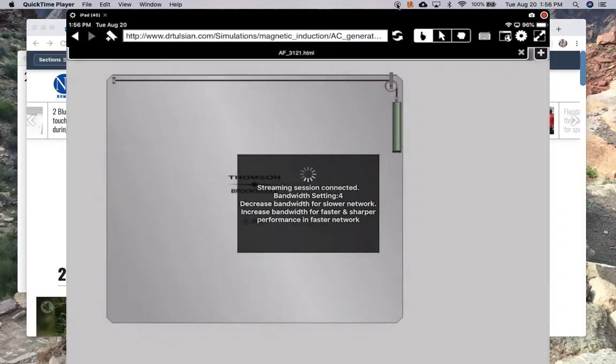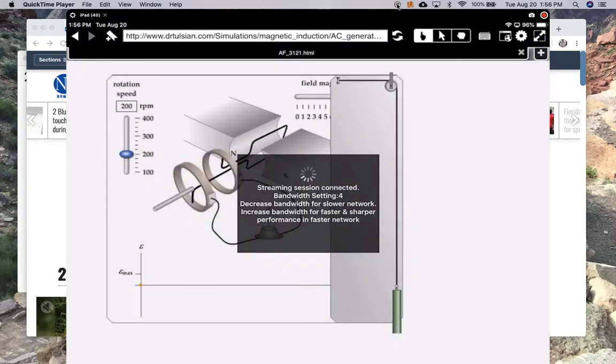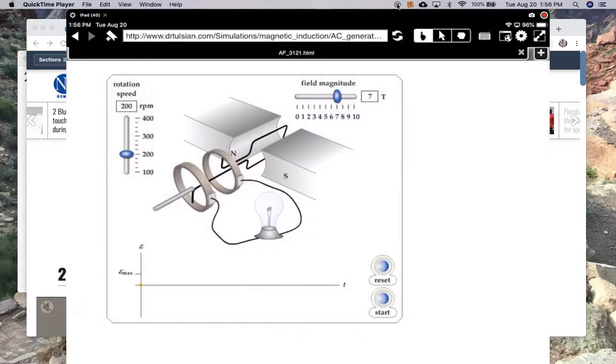You can find this simulation on my website. I've lost my pointer, but I'll just start this. You can see in the simulation, you have a loop of wire between two magnetic poles, the North Pole and the South Pole, and this loop of wire is connected to a bulb. The loop of wire is not connected to any battery or anything. It's just connected to a bulb.